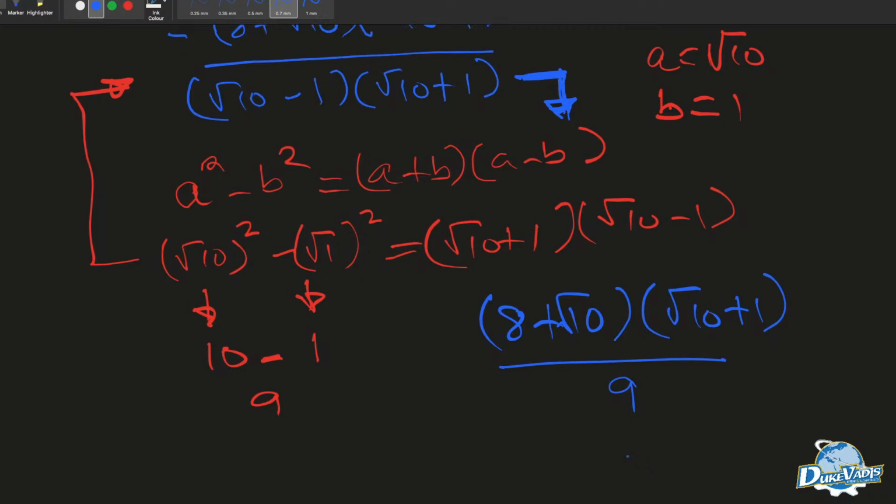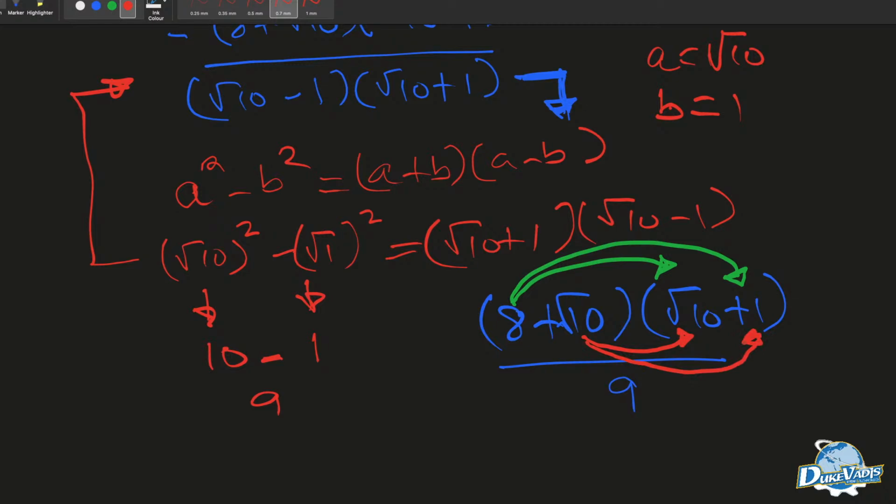We've done that already. So we will multiply. Let's take our green to make this an illustration. We use the 8 to multiply this, and after that we use the same 8 to multiply this as well. Then we will use the root 10. We use the root 10 to multiply the root 10 here, and the same root 10 will multiply 1.